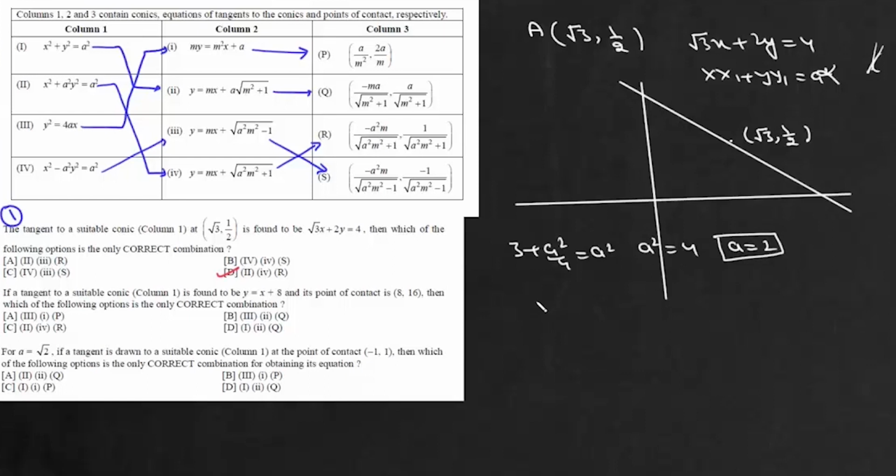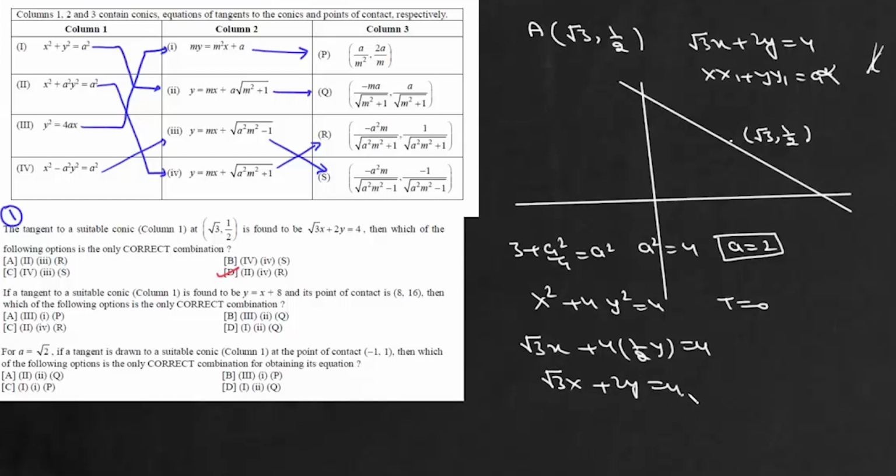So equation of this ellipse will be x square plus 4y square equals to 4. Now equation of tangent is given by t equals 0. So there will be root 3x plus 4 into 1 by 2y equals 4. So it will be this root 3x plus 2y equals 4, which is this given option.